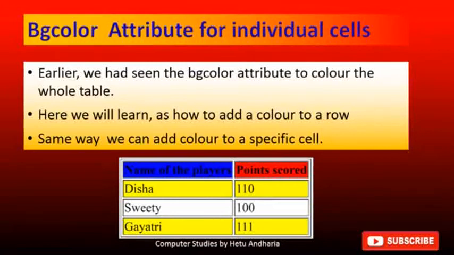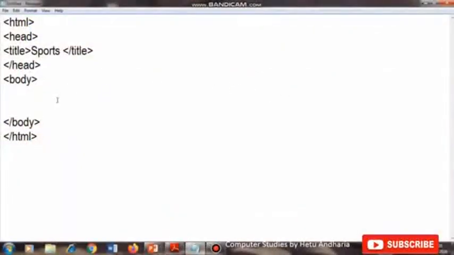At present we are going to create a web page to display the table which is given here. So first, to create a table I will use the tag table border is equal to 1. Since I don't want to change the color of the whole table, I am not writing the attribute bgcolor here. Now I insert the first row, tr.